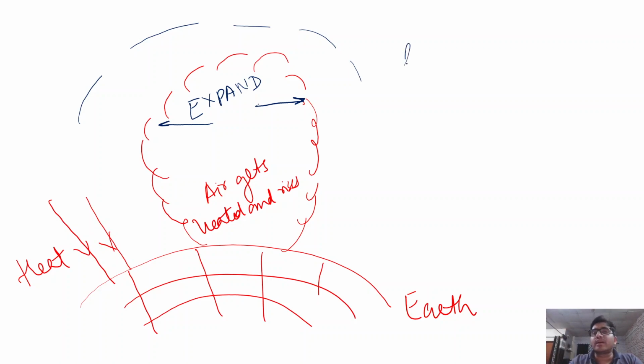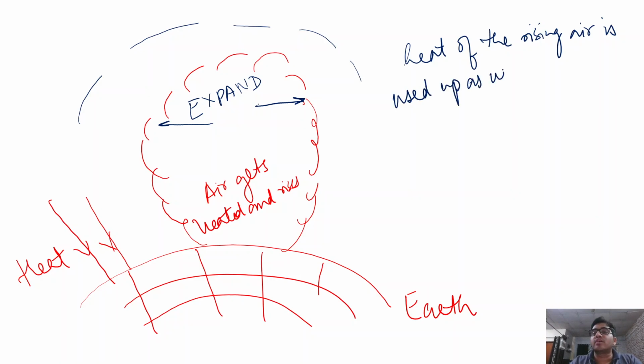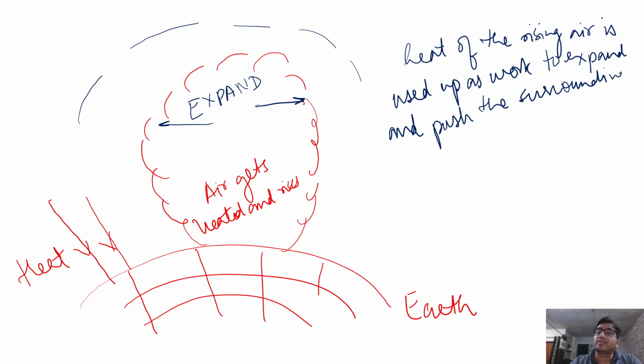So the heat of the rising air is used up as work to expand and push the surrounding air mass. So what will happen? The energy contained in that rising air mass is not being given to the surrounding air mass, but this actual air mass is losing its energy.